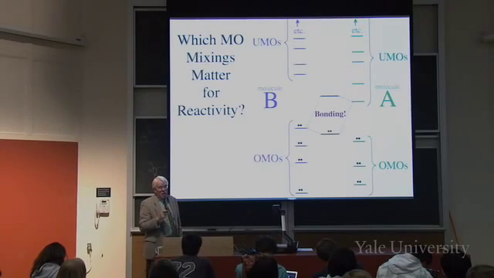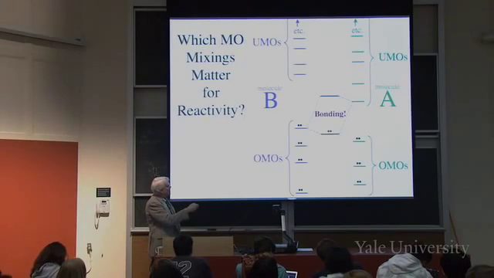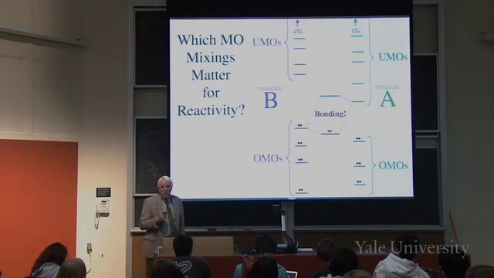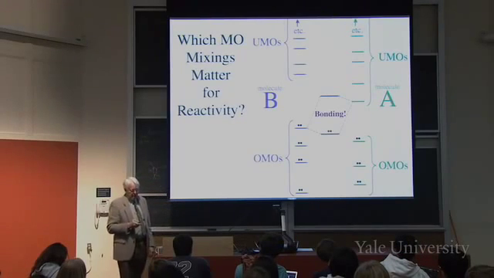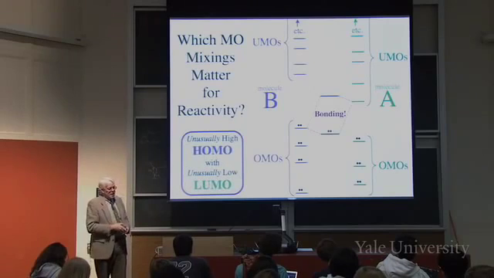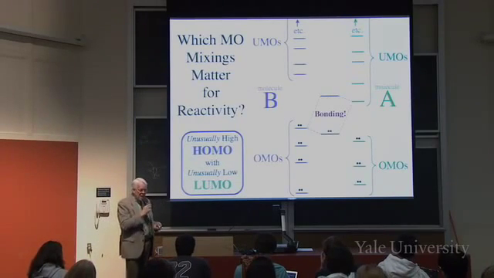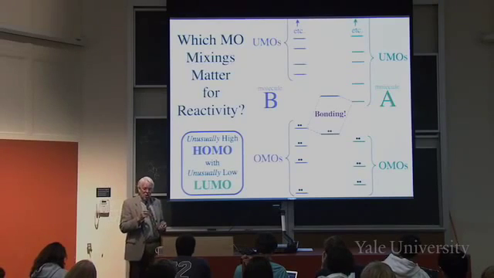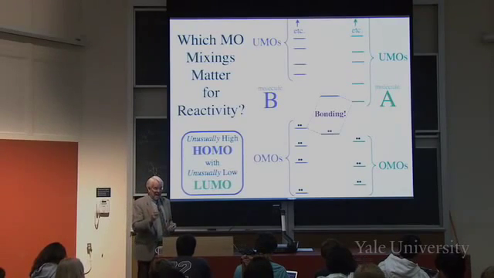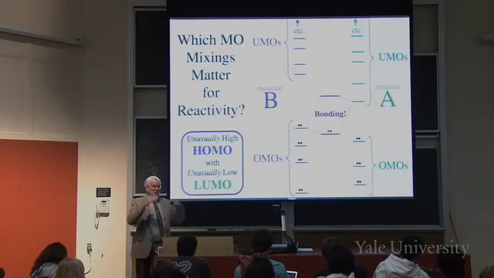So that didn't help. But this one, where it's high on the left and low on the right, that one will help. Okay, so what it requires to have a reaction is that you have an unusually high HOMO on one molecule, and an unusually low LUMO on the other, so that you have good energy match, or at least as good as you can get. Right? Then you could get a reaction.